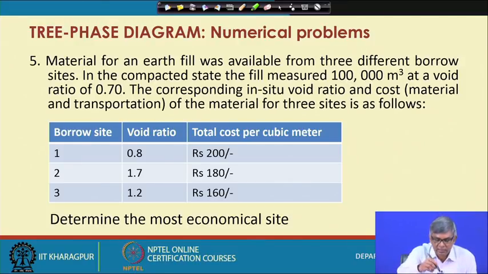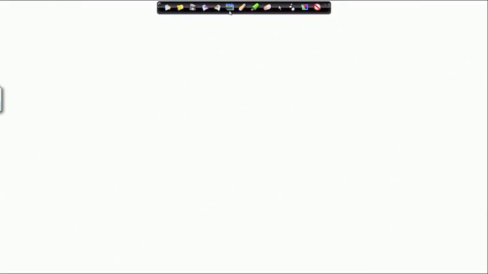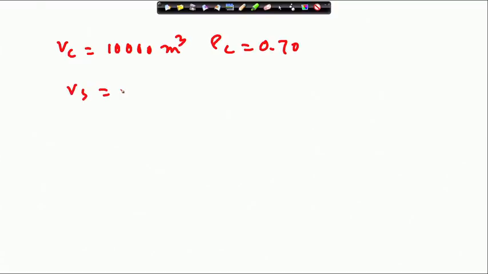Okay. So, for this, let us do it. We know that for the construction site Vc was 100,000 meter cube and your ec equal to 0.7, and then I can find out from here Vs equal to 100,000 divided by 1 plus 0.7.